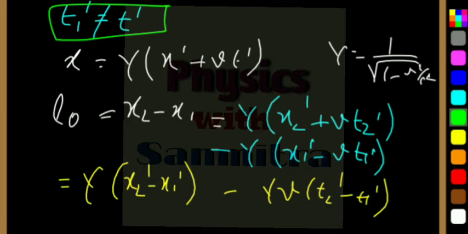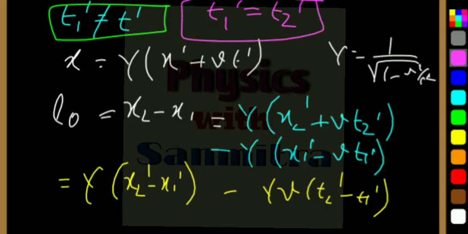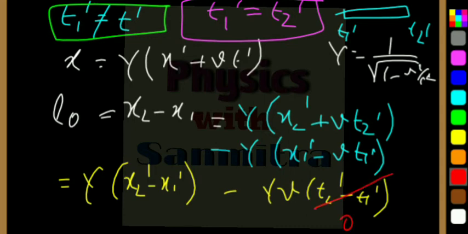But I can definitely say that t1 dash will be equal to t2 dash because these correspond to the position of the rod at the same time, in the moving frame, that is f2. So I can write t1 dash is equal to t2 dash, so this term will become 0, and this is L naught, and this one I can write as L.